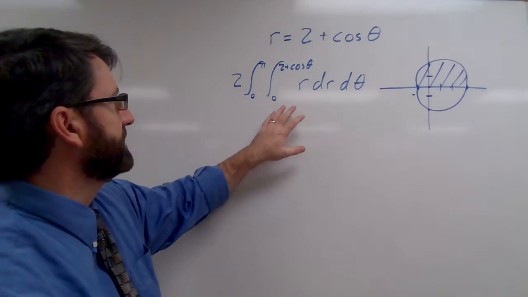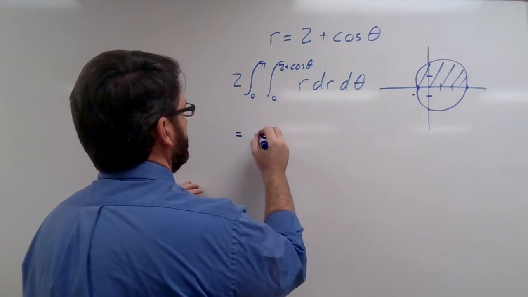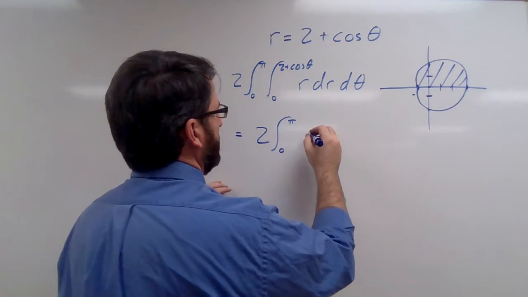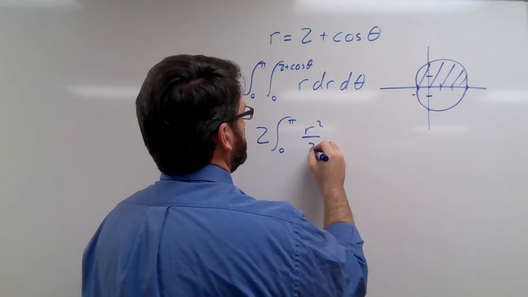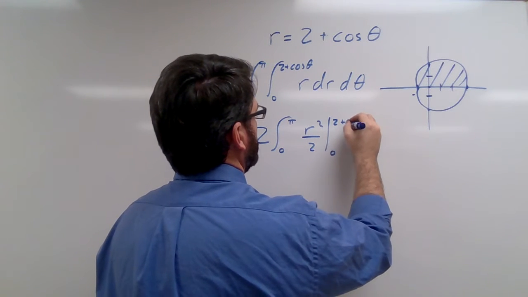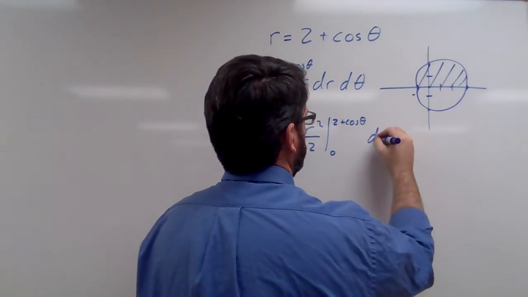All right, now we can evaluate this. So let's first do this middle integral here. So this is going to be equal to 2 times the integral from 0 to pi of r squared over 2, evaluated from 0 to 2 plus cosine theta, d theta.